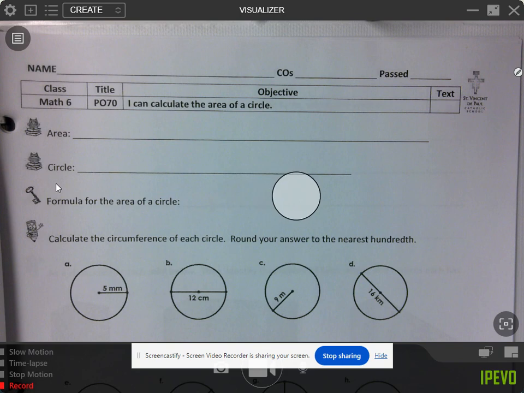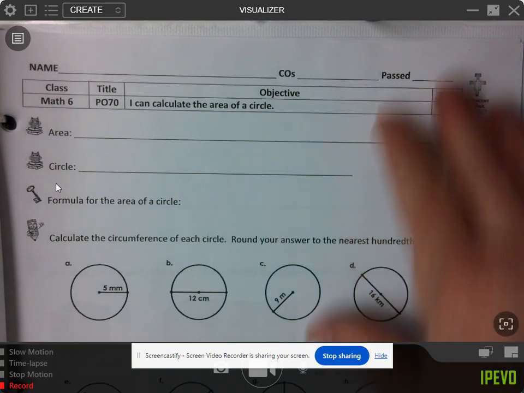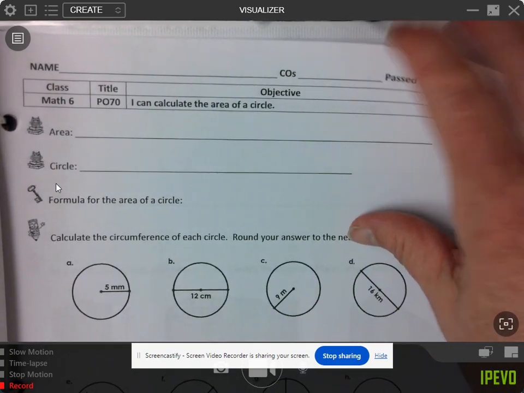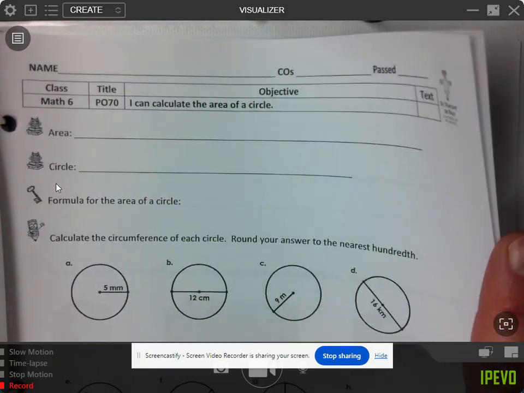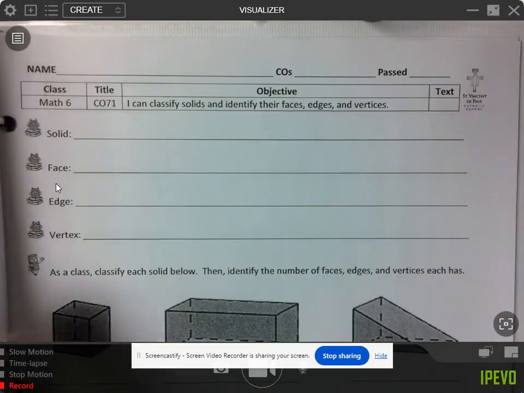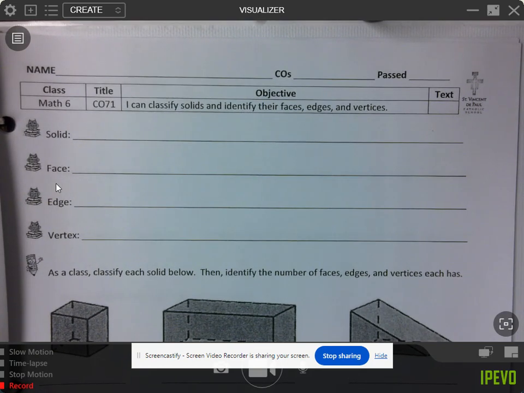Okay. Let's look at our last one, CO71. It is important that we have all these formulas on our help sheet so we keep straight which one we use where. For our solid figures, we need to know what the face is.